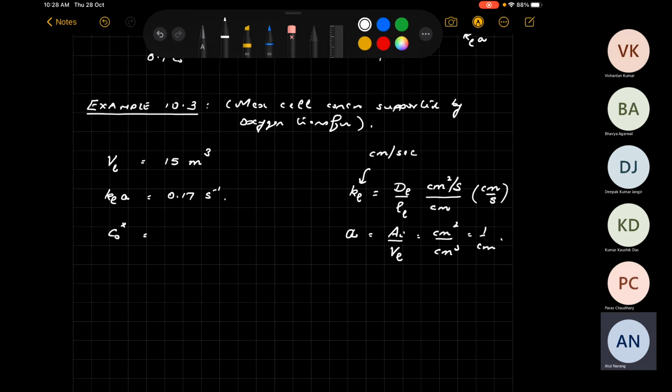The solubility of oxygen is, they say, 8 into 10 to the power minus 3 kg per meter cube, which sounds like a very fancy thing, but it is nothing but 8 milligrams per liter when you do the unit conversions. This is the standard number that is used.